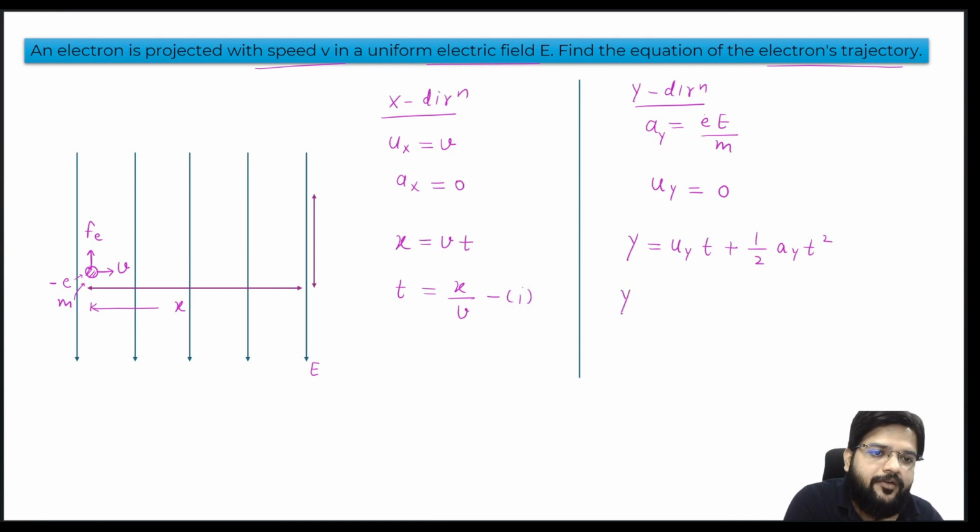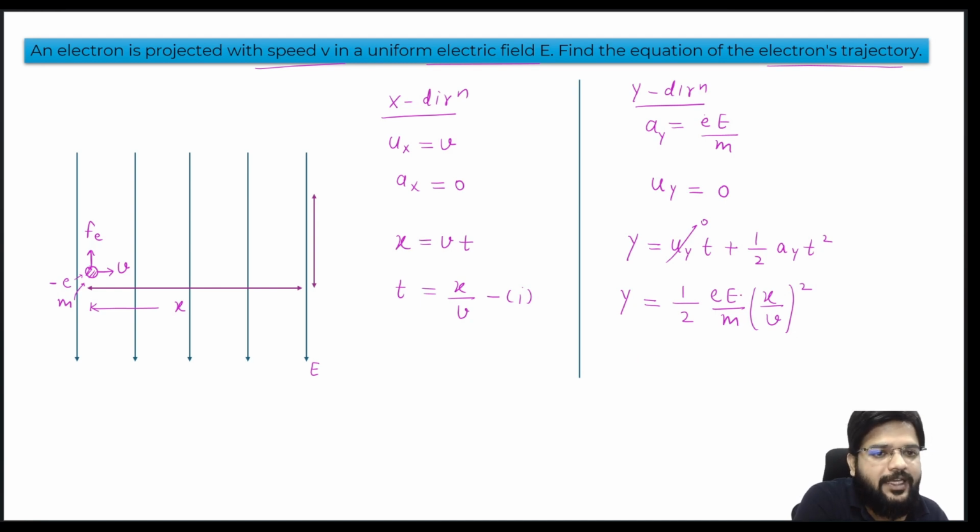Here uy is 0, so this term becomes 0. Then half of the acceleration along the y direction, eE by m, and the value of t is x by v, squared also.